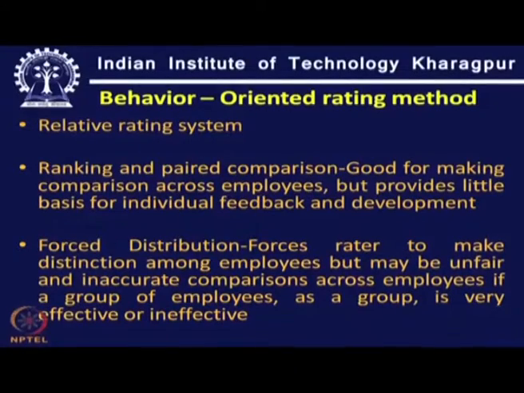So, it forces the rater to make a distinction among the employees, but it may be unfair across employees; when you are trying to use this across a group, maybe in certain cases it may be an inaccurate comparison.